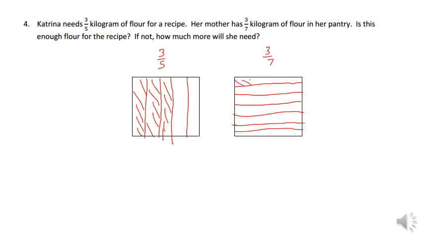And we're shading 3 of them. Now we're going to be combining our 7s with our fifths. And over here we're combining our fifths with our 7s.